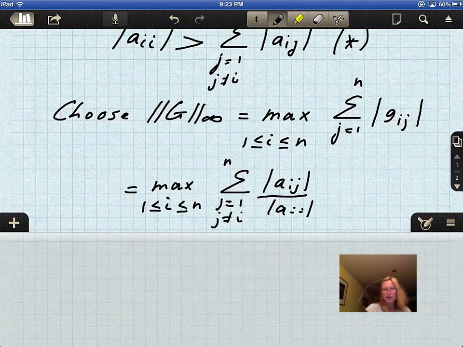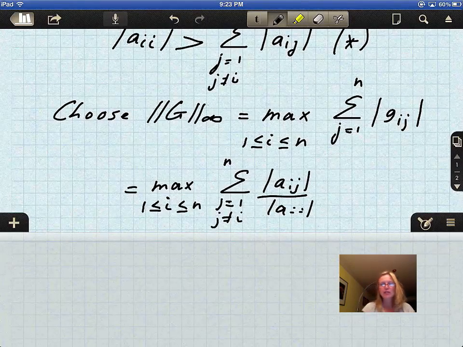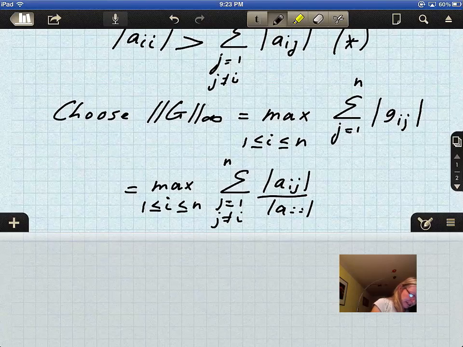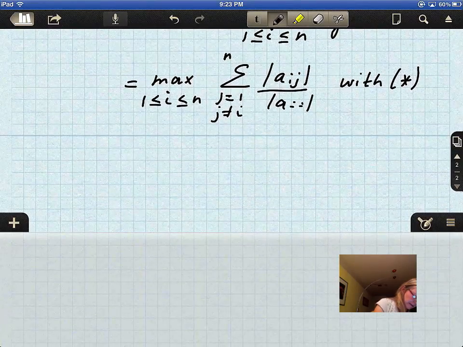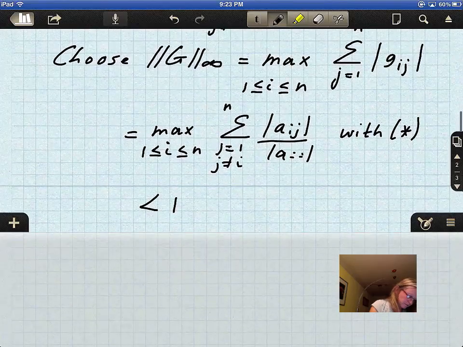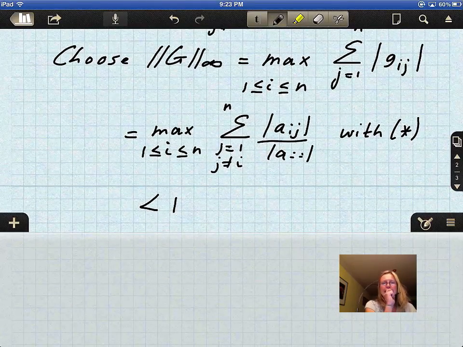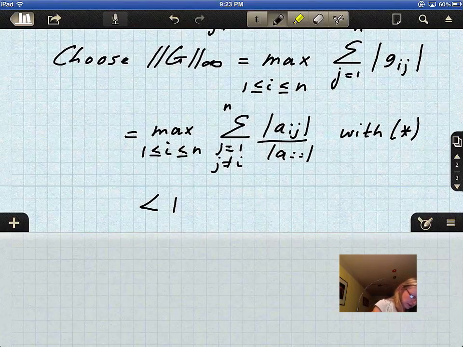So we've basically just used the fact that we know exactly what this G looks like, and then if we now put in star, we immediately see that this will be smaller than 1. So what we have here is that we can find a norm, in this case the infinity norm of G, and that norm for this iteration matrix is smaller than 1, and that is sufficient proof for convergence.